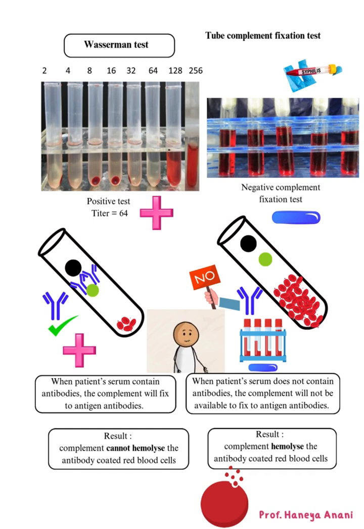In syphilitic infection, when the patient's serum contains antibodies, the complement will fix to antigen-antibody complexes. Result: complement cannot cause hemolysis of antibody-coated red blood cells. No hemolysis means a positive reaction. Hemolysis means a negative reaction.